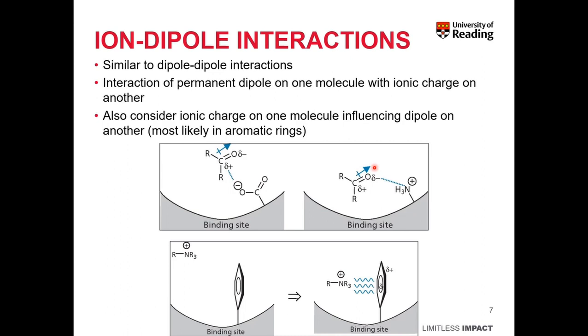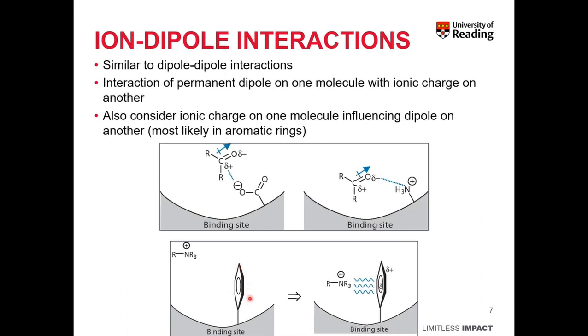Now what can also happen is that the charge on an incoming molecule can induce a dipole in another molecule. So for example, here we have a positively charged amine, and when this approaches close to an aromatic ring, it can induce a dipole in that ring.